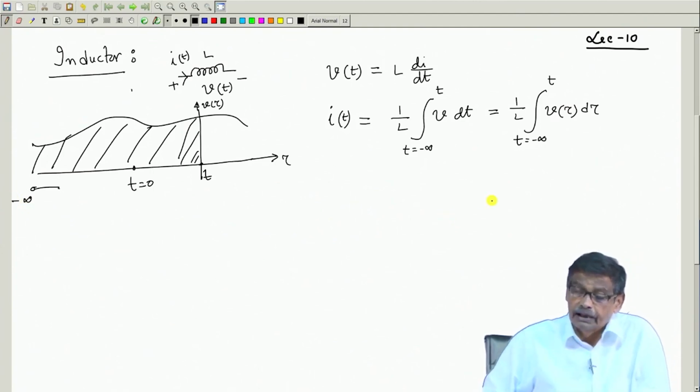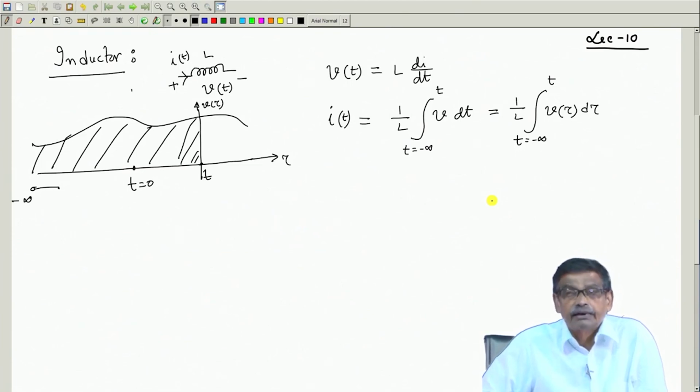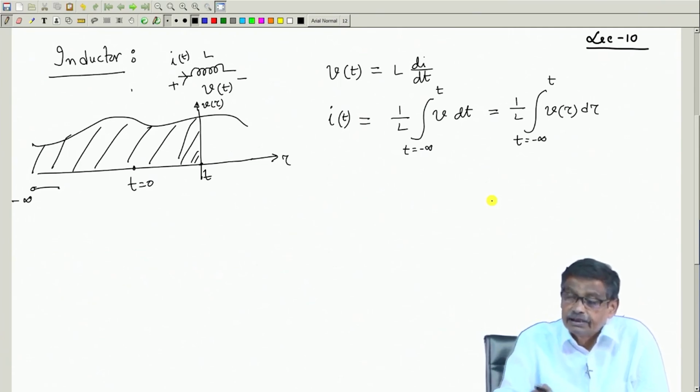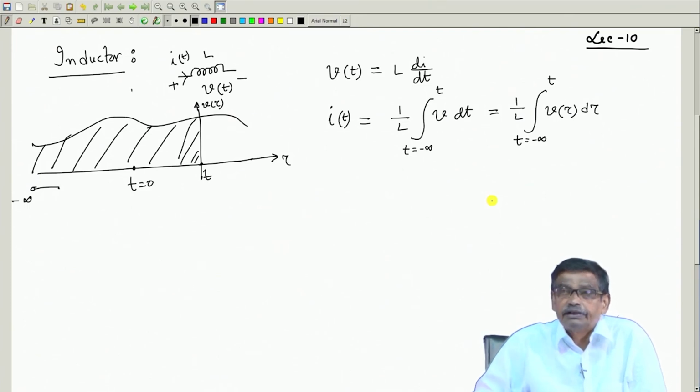Therefore, inductor, unlike resistance, where the present value of the current in the resistor is dependent solely on the present value of the voltage and no previous voltages are required, has a present value of current that depends upon the past history of the voltage that we applied across it.